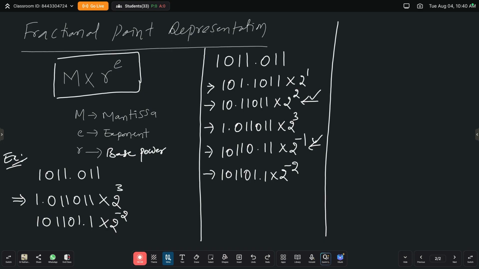Use one fixed position representation. Fixed point means another technique, right? Fixed position representation. Please try to understand the terminology. Here we have different position representations for the fractional part representation.